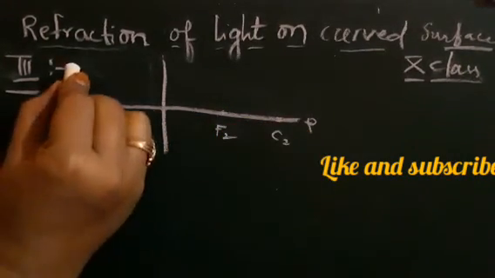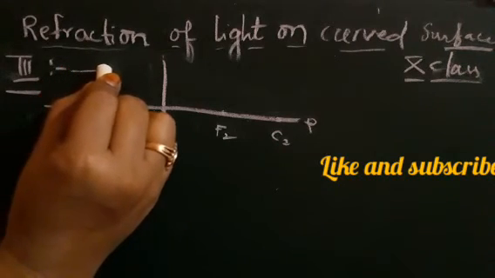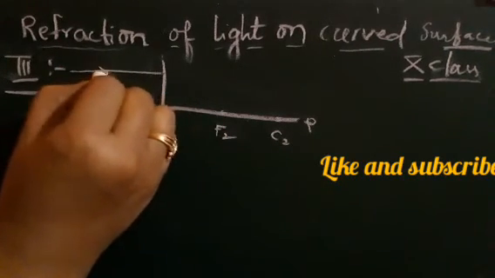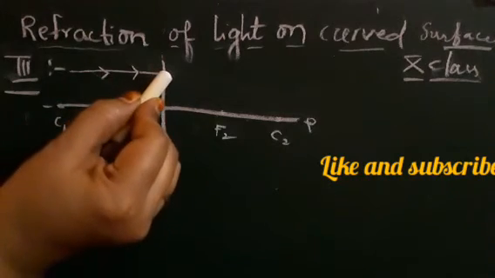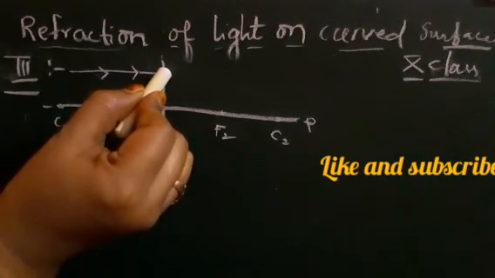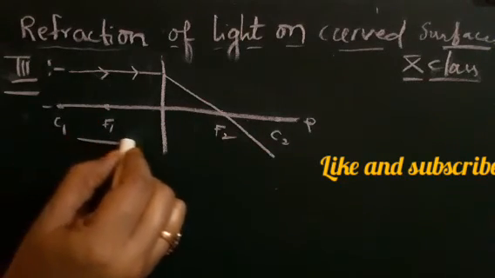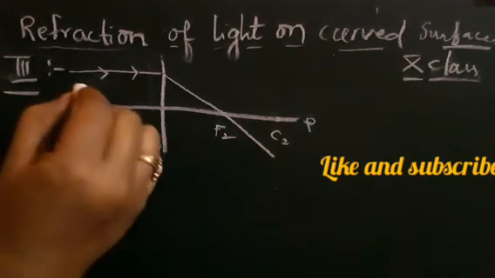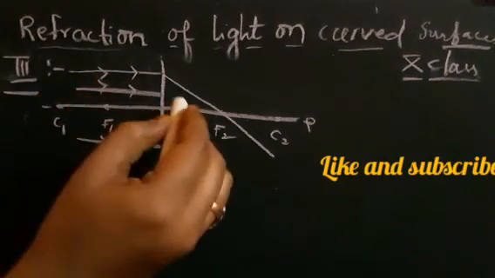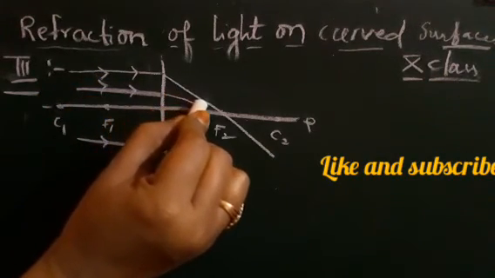Suppose a ray is traveling parallel to the principal axis, then it will converge here at the focus point.